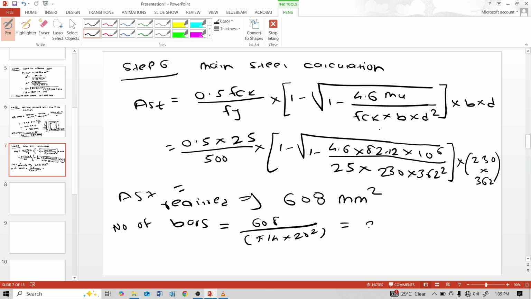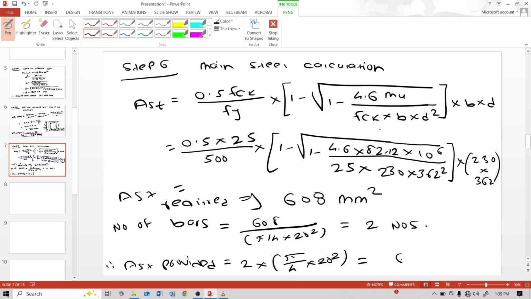So value comes two numbers of 20 mm diameter bars. Therefore AST provided equal to 2 into pi by 4 into 20 square equal to 628.31 mm square. Provided AST is greater than required AST.